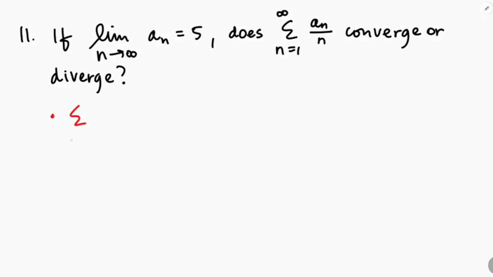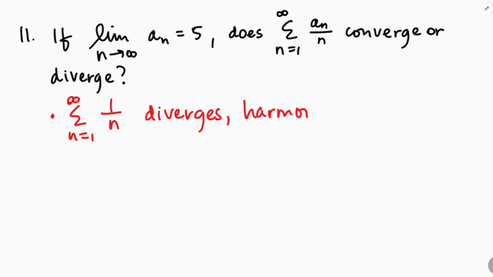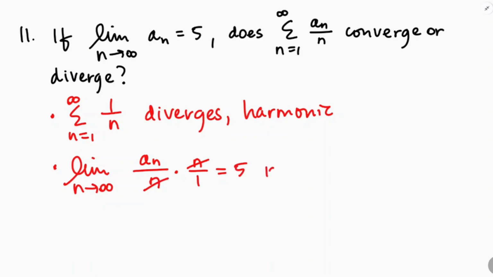So I'm just going to say the sum as n runs from 1 to infinity of 1 over n diverges because it's the harmonic. Then the limit as n approaches infinity of an over n times n over 1, because I'm dividing by 1 over n, is going to equal just the limit of an, which is equal to 5, which is positive and finite.